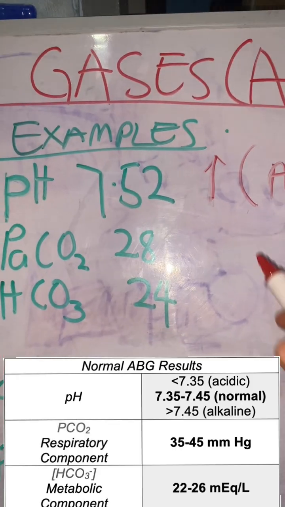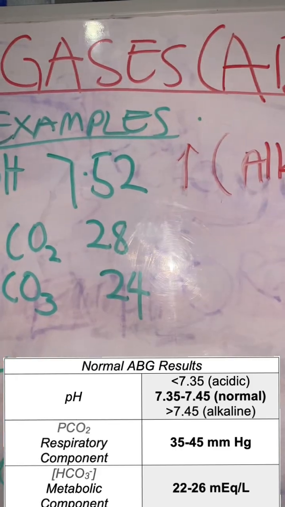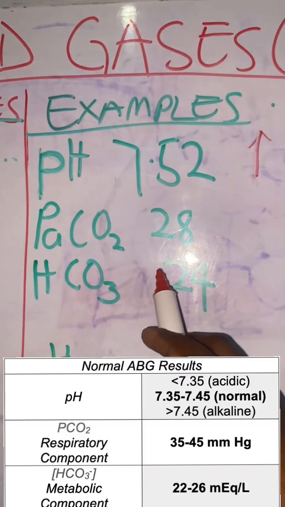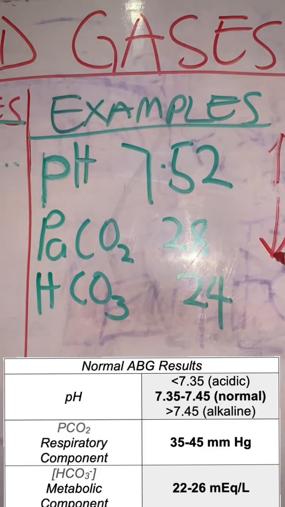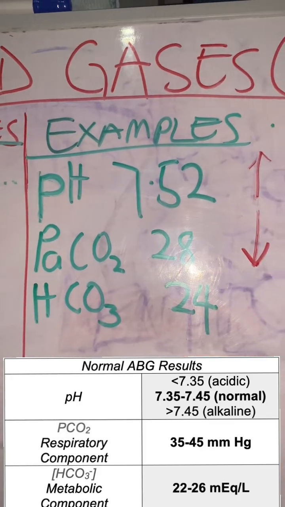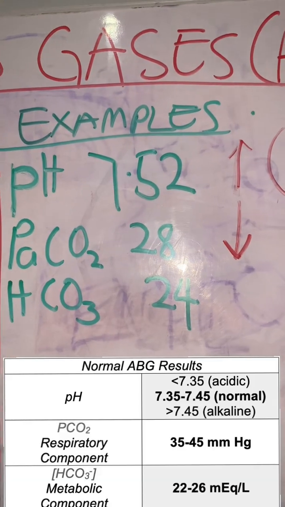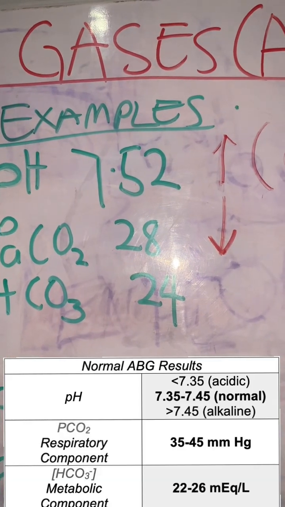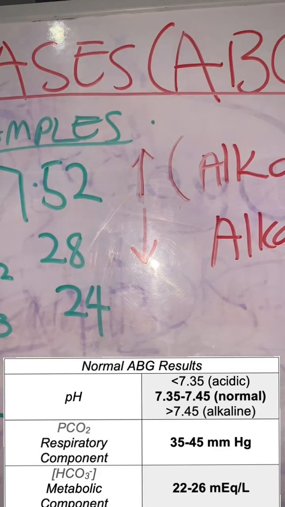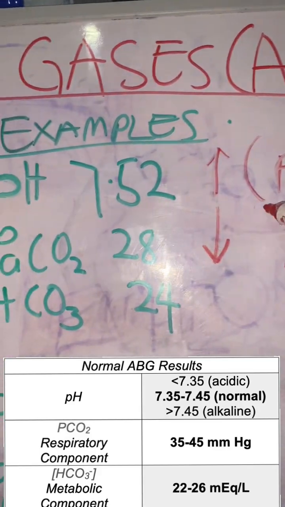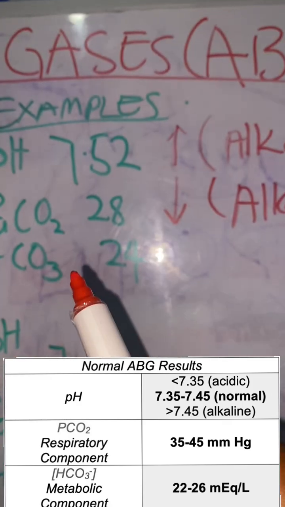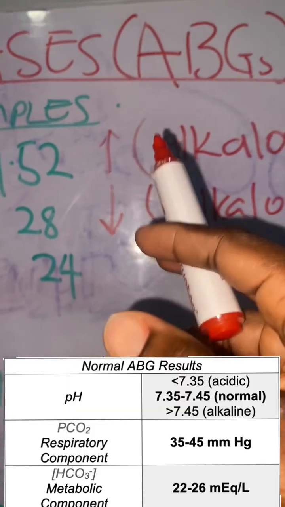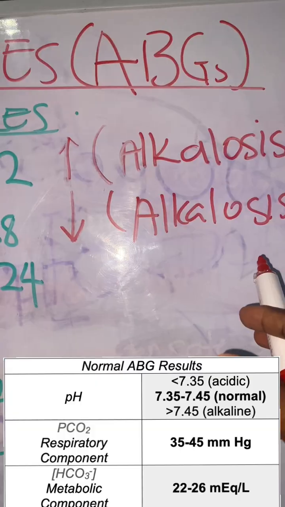Our carbon dioxide is 28. It's down, and if carbon dioxide is down, it's also alkalosis. We said that anytime you see carbon dioxide, think of acid, so if it is down, then it means that it's alkalosis.